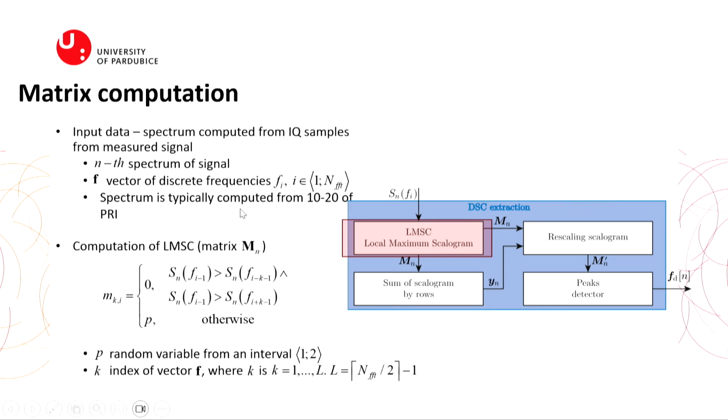First I compute the LMS, this scalogram. It will be this matrix, where results can be only 0 or some random variable from an interval, depending on the size, and k is the index of the vector of our discrete frequencies.